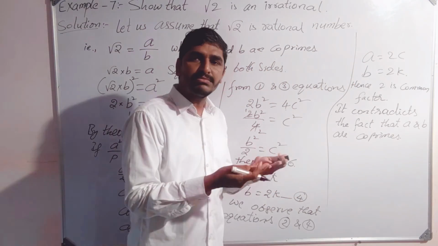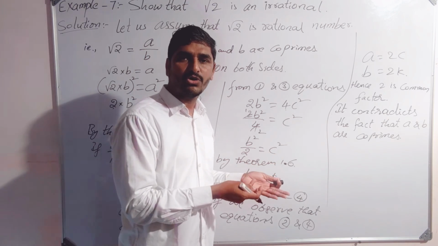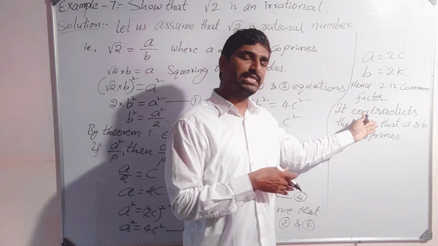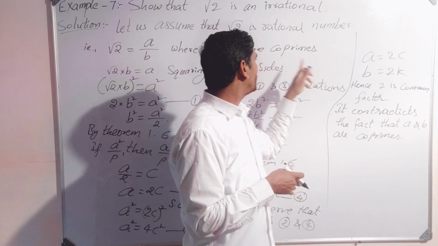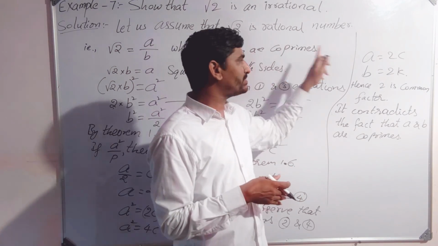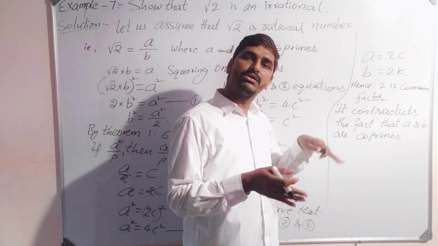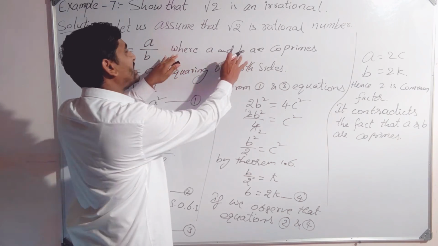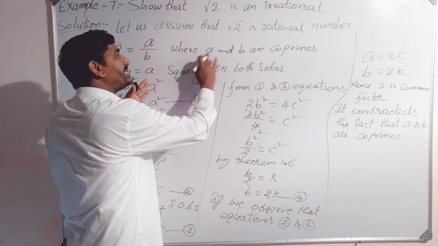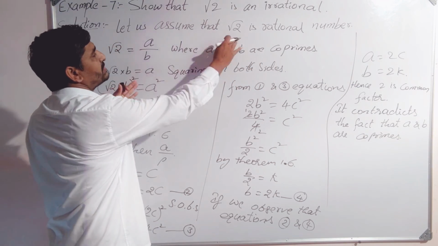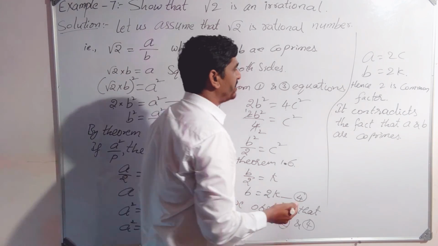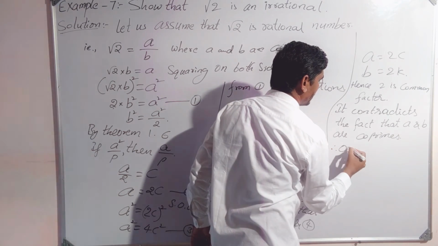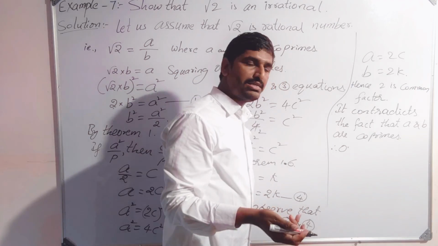We said that those are co-primes, but they are not. Because a and b are co-primes, but here 2 is common. So this fact is wrong. If it is wrong, the assumption is also wrong.